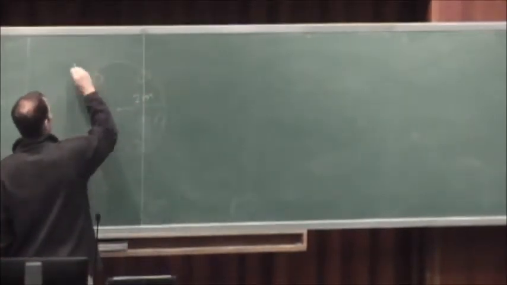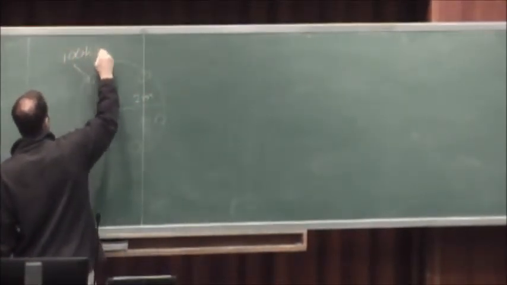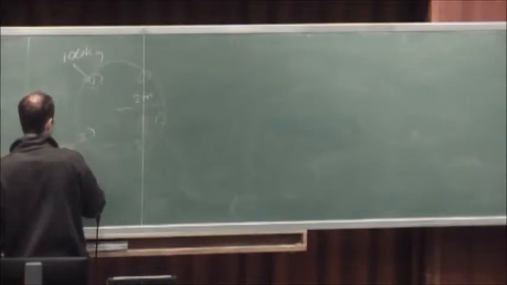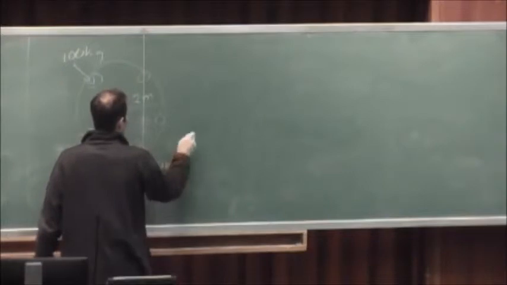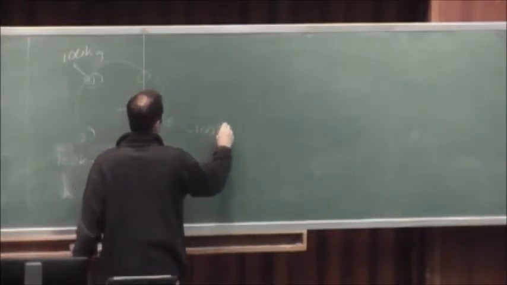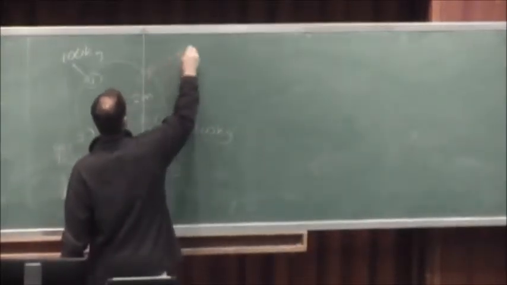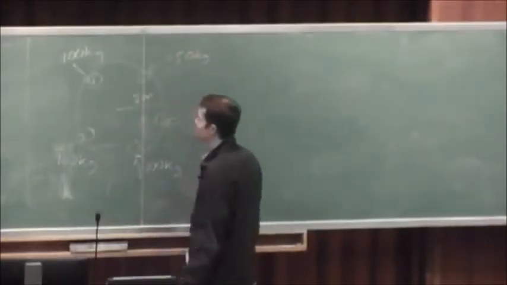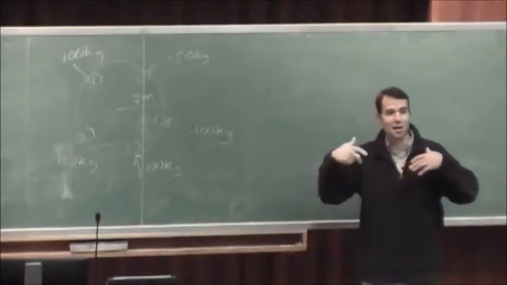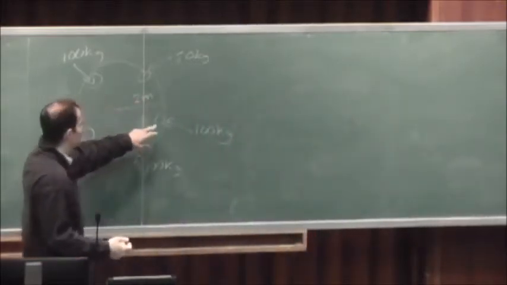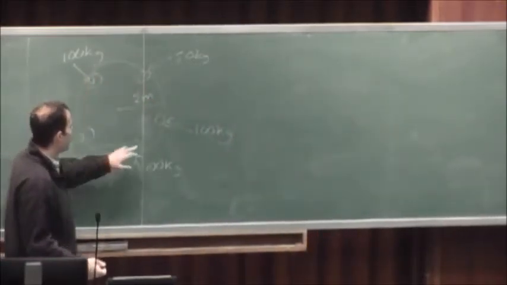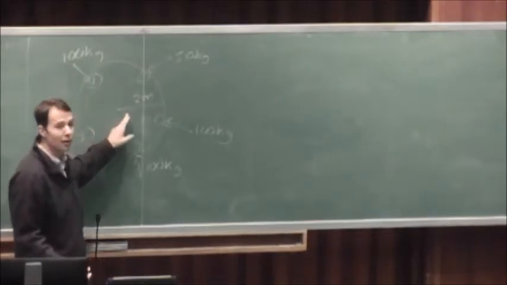And let's say 4 of them weigh 100 kilograms, and we'll say one of them weighs 50 kilograms. Okay? So at some initial time, these 4 heavier individuals are all going to be at the 2 meter radius.